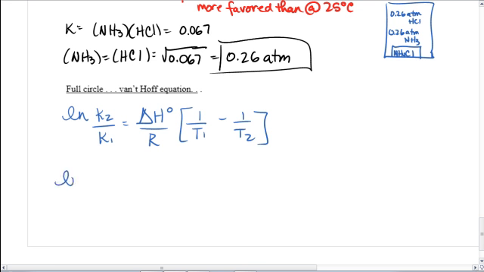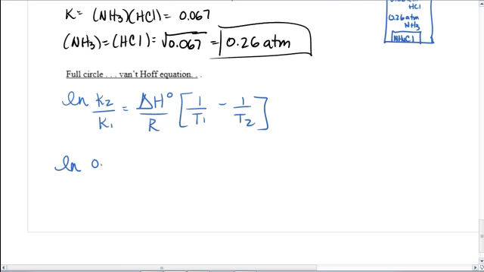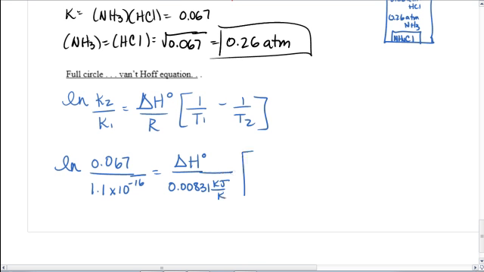delta H. So the natural log of our K2 here, 0.067, divided by the first one, which was 1.1 times 10 to the minus 16th, is equal to delta H naught over our R, 0.00831 kilojoules per Kelvin. And then we had our 2 temperatures, 25 degrees and 300 degrees, but we need those to be in Kelvin.